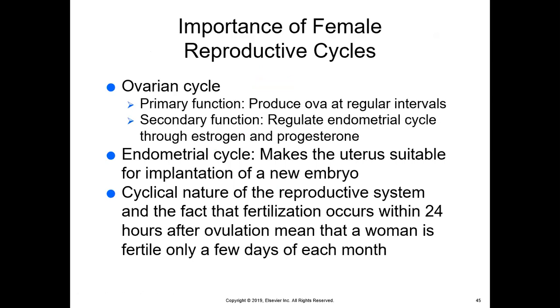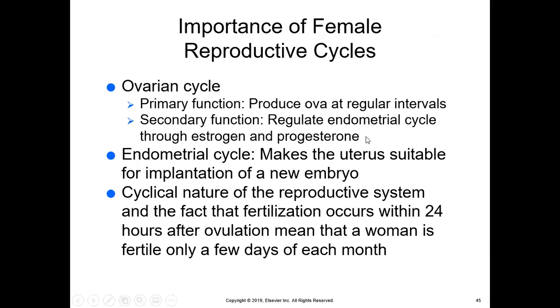So, importance of the female reproductive cycles. Well, for the ovarian cycle, the primary function is to produce ova at regular intervals. Secondary function of the ovarian cycle is to regulate the endometrial cycle through the estrogen and progesterone. Endometrial, that's the endometrial lining of the uterus.